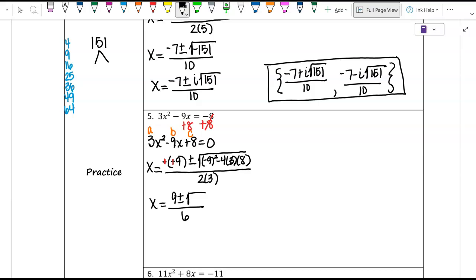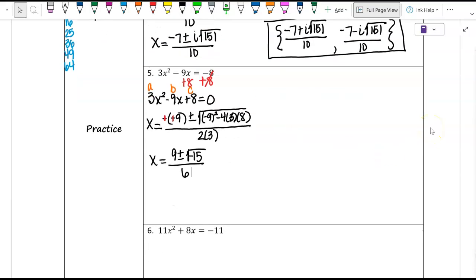What number goes under our radical sign? Negative 15. So if we're looking at the square root of negative 15, it's the square root of negative 1 times the square root of 15 equals I. And honestly, I expect you to know that 15 doesn't have any perfect squares because it's 3 times 5.